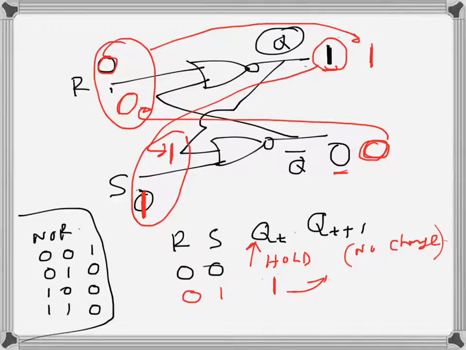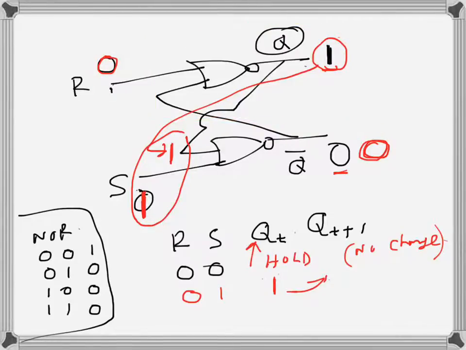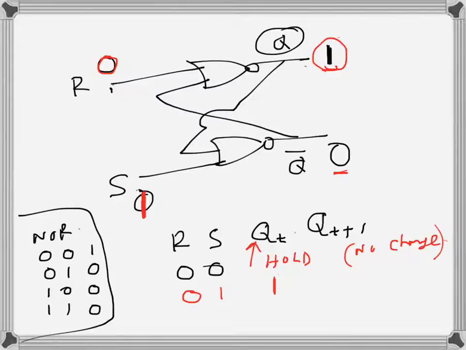So let's change the output. What I will do now is, let's say this one starts from 0 and 1. So this one was 0 and this one was 1, with the same 0 1 here. So I'm starting from a different Q present, or QT.